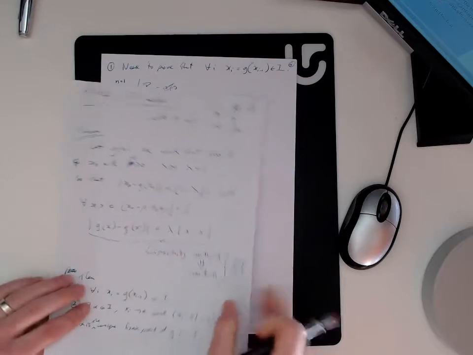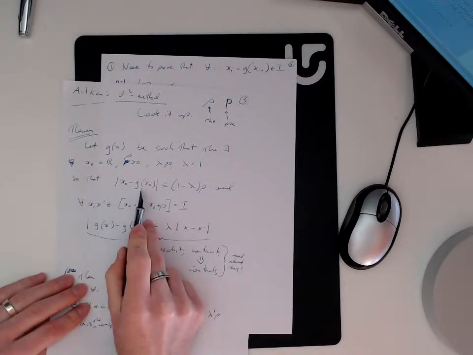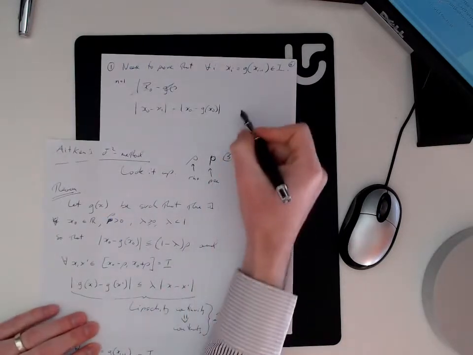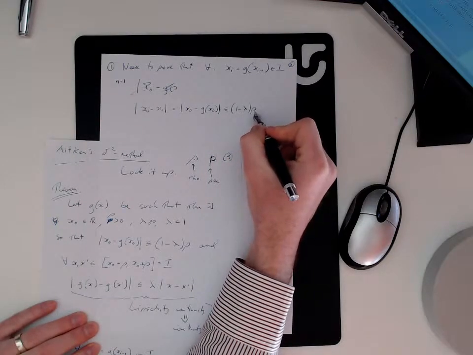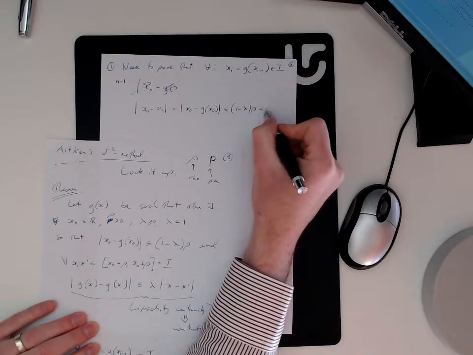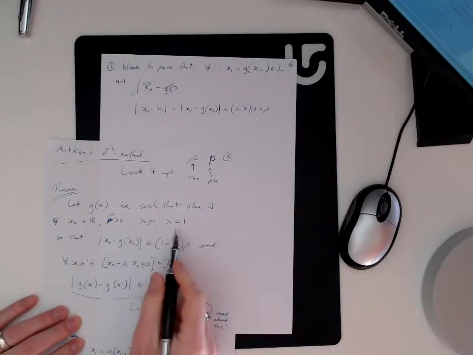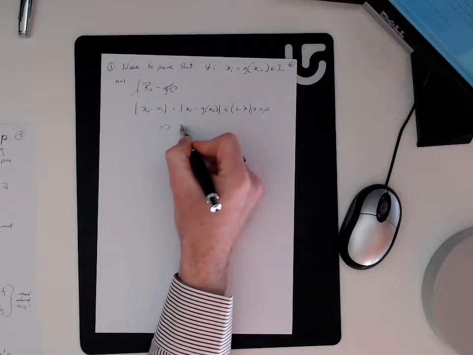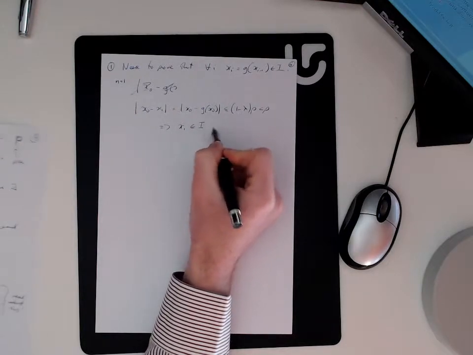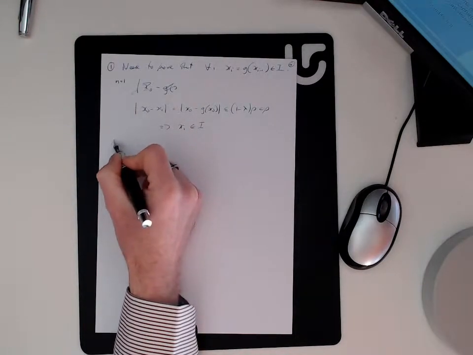And from the statement of the theorem, I know that the absolute value of x0 minus g of x0 is less than or equal to 1 minus lambda times rho. And that's less than rho because lambda is less than 1 and is positive. So this implies that x1 is inside my interval. Base case done.